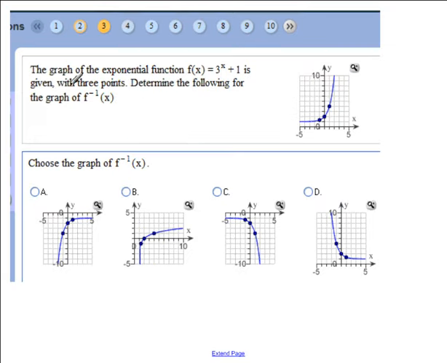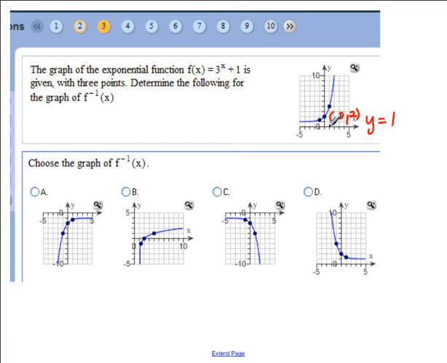Now, number 3 says the graph of the exponential function y equals 3 to the x plus 1 is given with 3 points. Determine the following for the graph of f inverse of x. Well, we could also do that. This one has a horizontal asymptote at y equals 1. It has a key point, instead of 0, 1, it's at 0, 2.